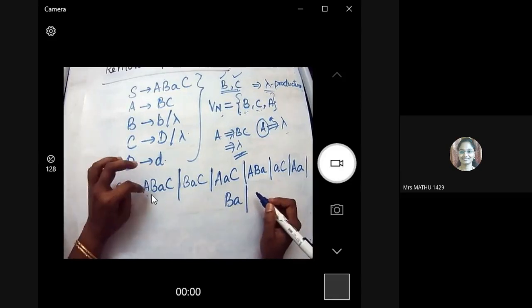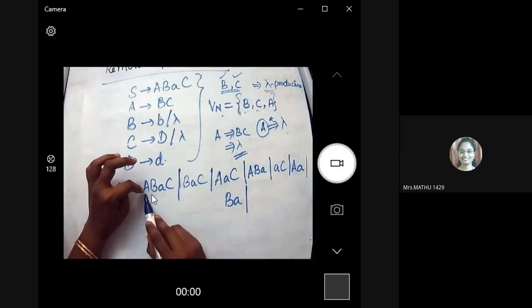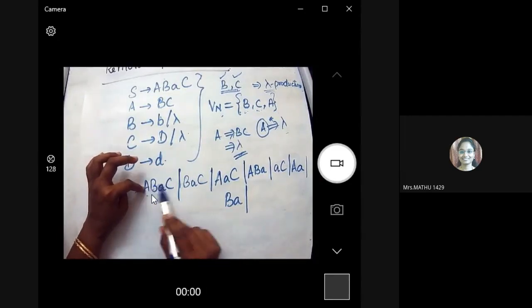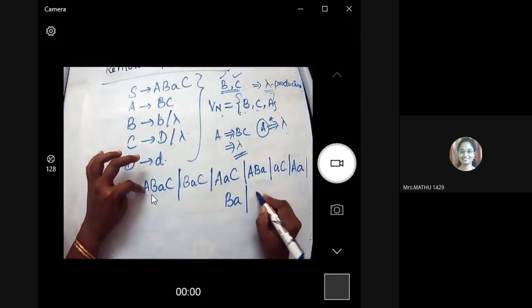First we applied it to each individual variable, then combined two variables in all possible ways: AB, BC, and AC. Now we can apply lambda to all three variables together, A, B, and C.